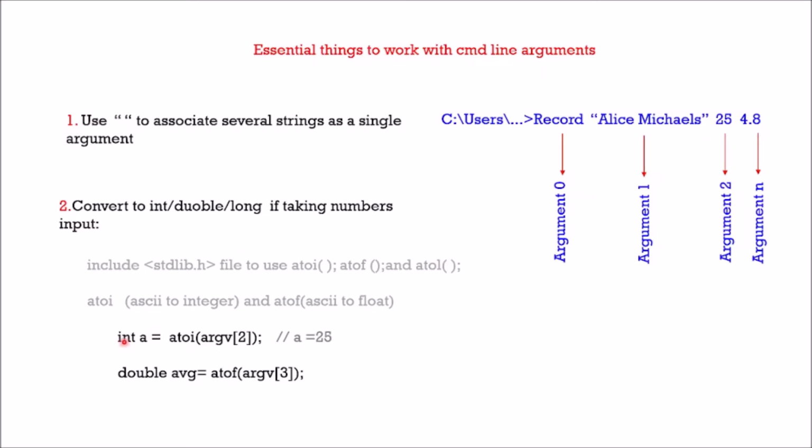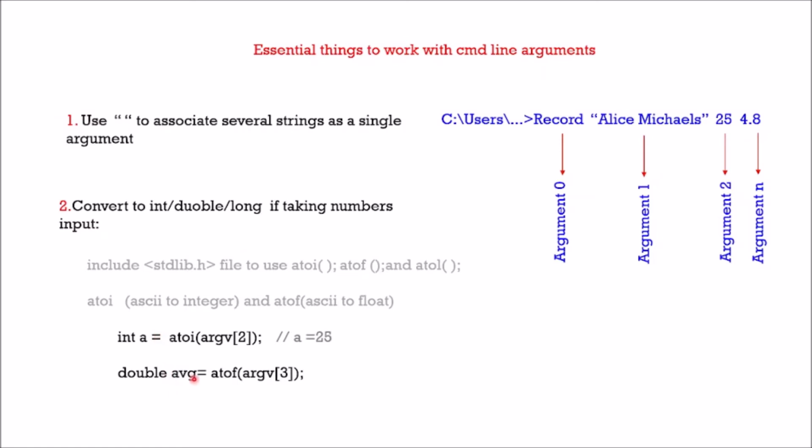In this case, I will use it for the age, which is 25. I will create an integer and call the atoi function, from ASCII to integer, and I will take as an argument the third argument, which is named argument 2. So I will convert that argument from string to integer 25, and it will be usable for arithmetic operations if I want.